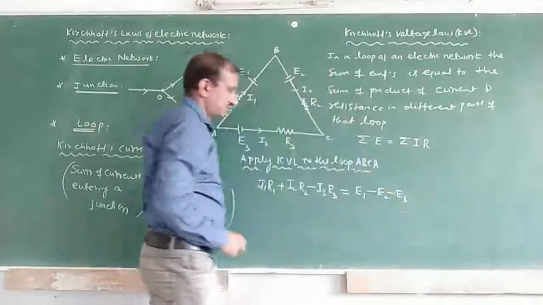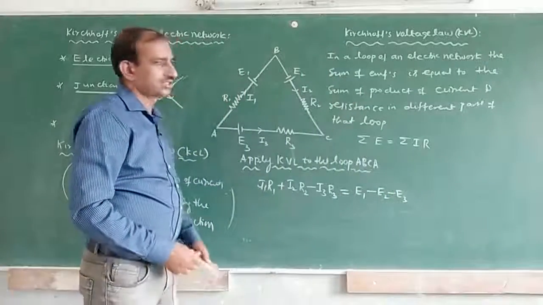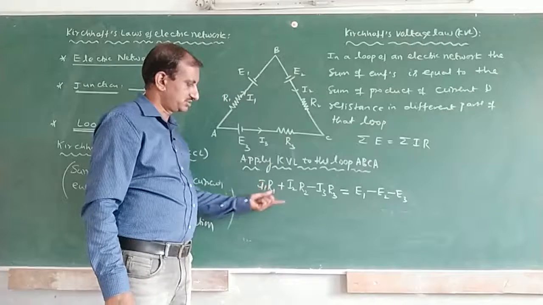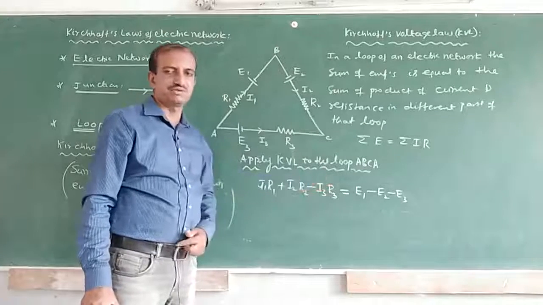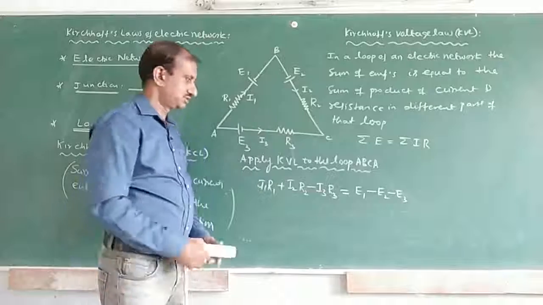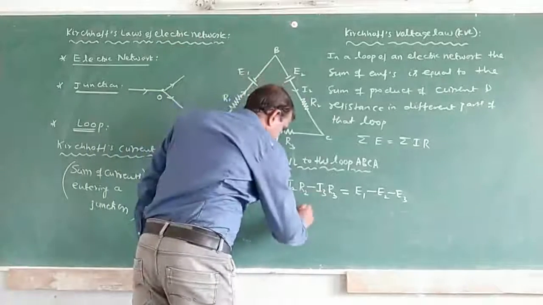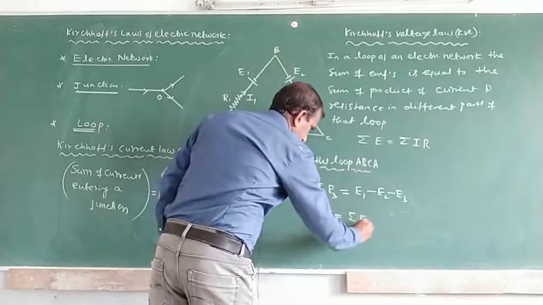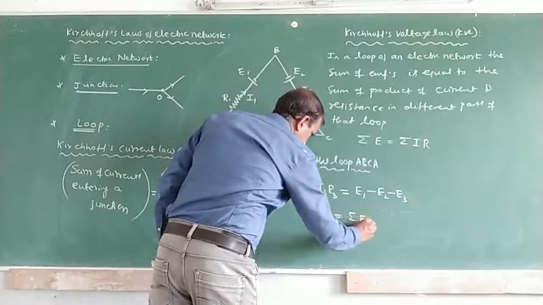According to Kirchhoff's voltage law, the sum of IR products is equal to the sum of EMFs in an electric network. This can be written as sigma IR equals sigma EMF. This is called the Kirchhoff voltage law.